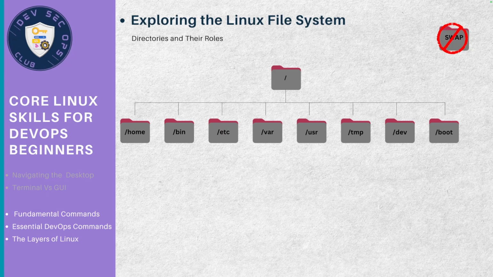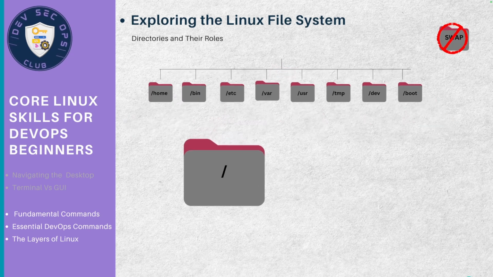I told you at the time, just select the slash as one of the partitions or mount points. So the operating system will put all its files inside this directory, and all other user-related information will be stored in the /home directory.